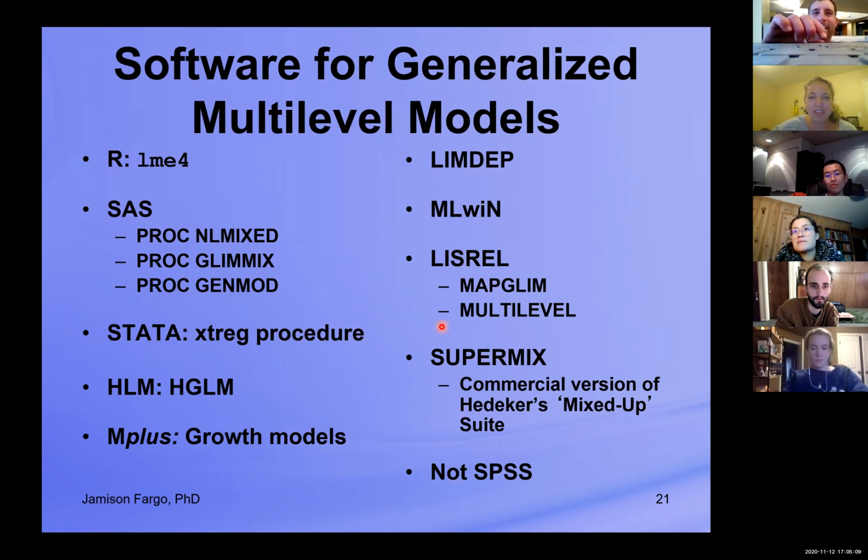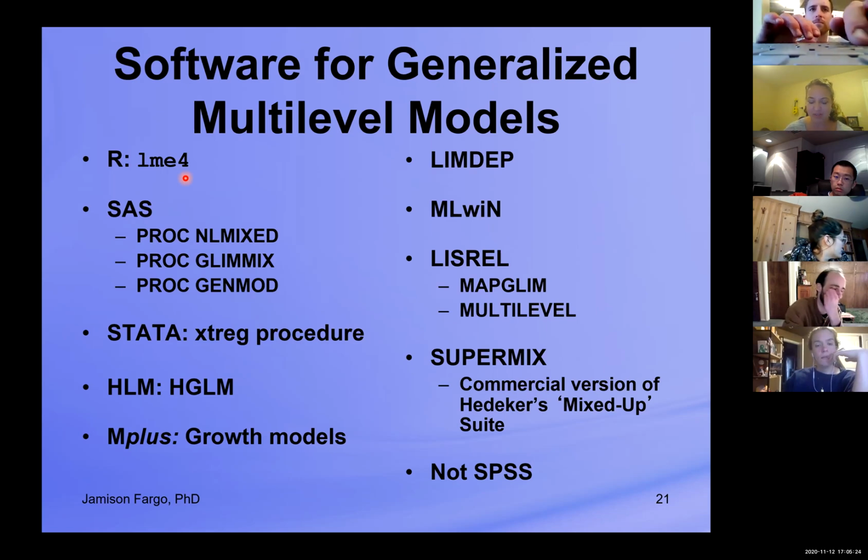So notice what the very first bullet is, this is what we're going to use, LME4. Now, when we were fitting our LMER models, we ended up using the lmerTest package. Do you remember why we used the lmerTest package? What was the benefit of that? Anyone remember? No?